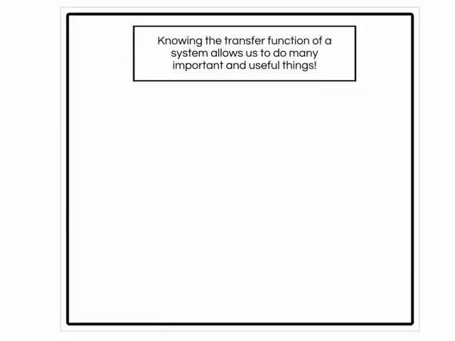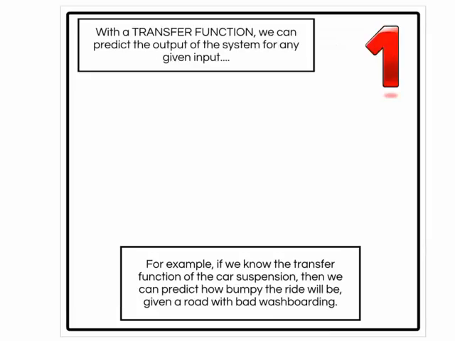Knowing the transfer function of a system allows us to do three particularly important and useful things. The first useful thing that we can do if we know a transfer function is that we can predict the output of the system for any given input.